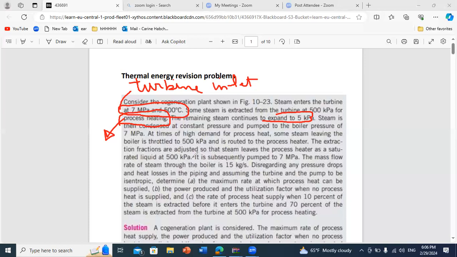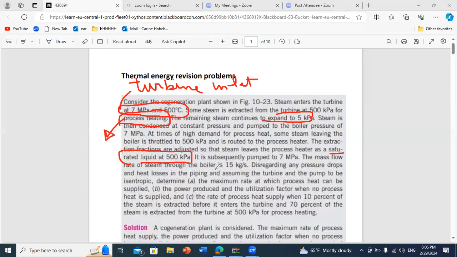The extraction fractions will be adjusted so that steam leaves the process heater as saturated liquid at 500 kilopascal. So we know that at the exit of the process heater, we have a saturated liquid state. In general, if they don't mention anything for the condenser and process heater, the exit will be saturated liquid.